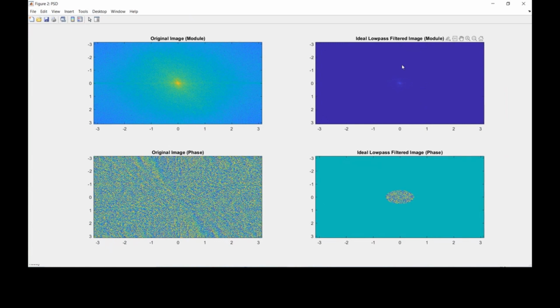And then this is the module of the filtered image. All the regions outside the filter have been set to 0. And then the phase: you have whatever phase you had, and then 0 phase. What is the phase of a real number? 0 or 180 degrees.